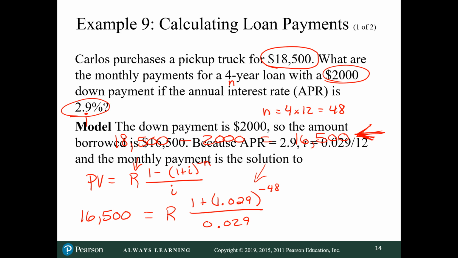So I'd go 1 plus parentheses 1.029 raised to the negative 48th power, divided by 0.029.